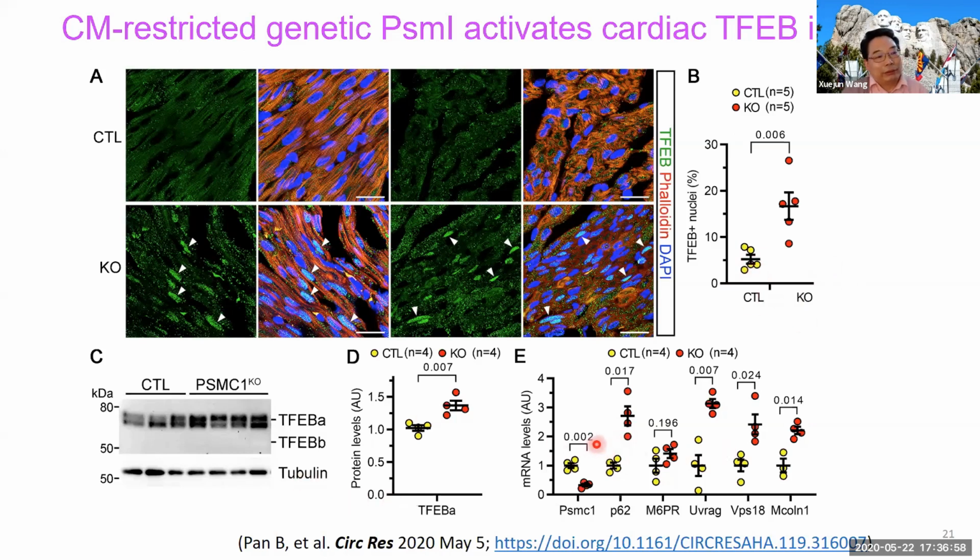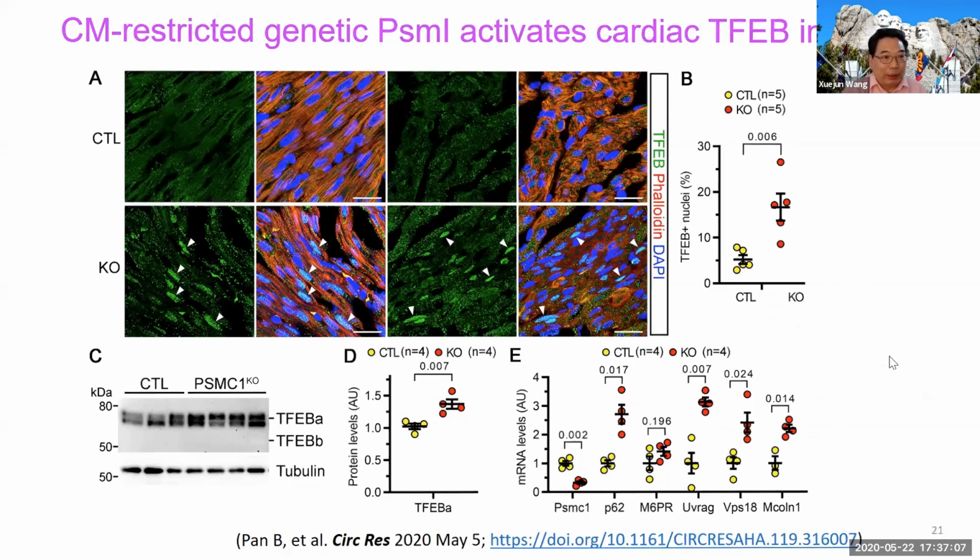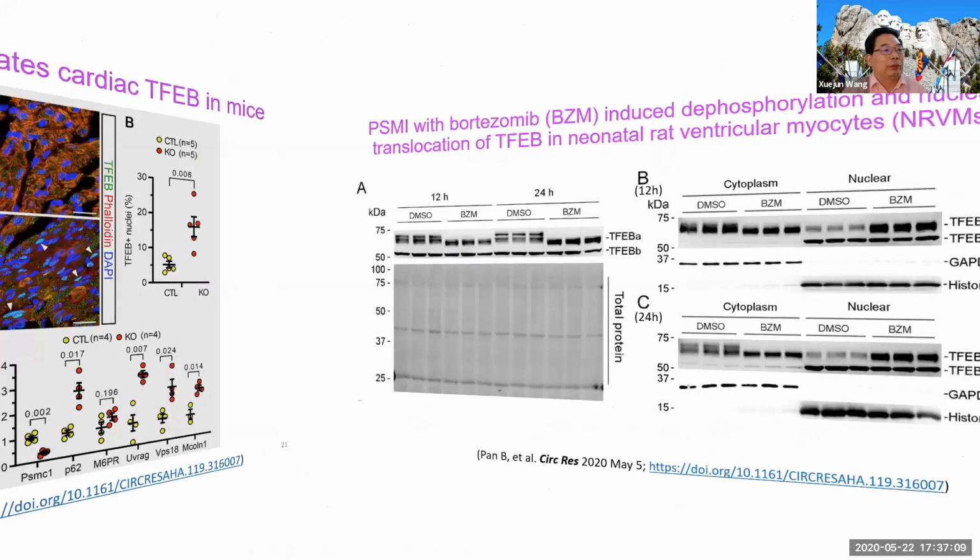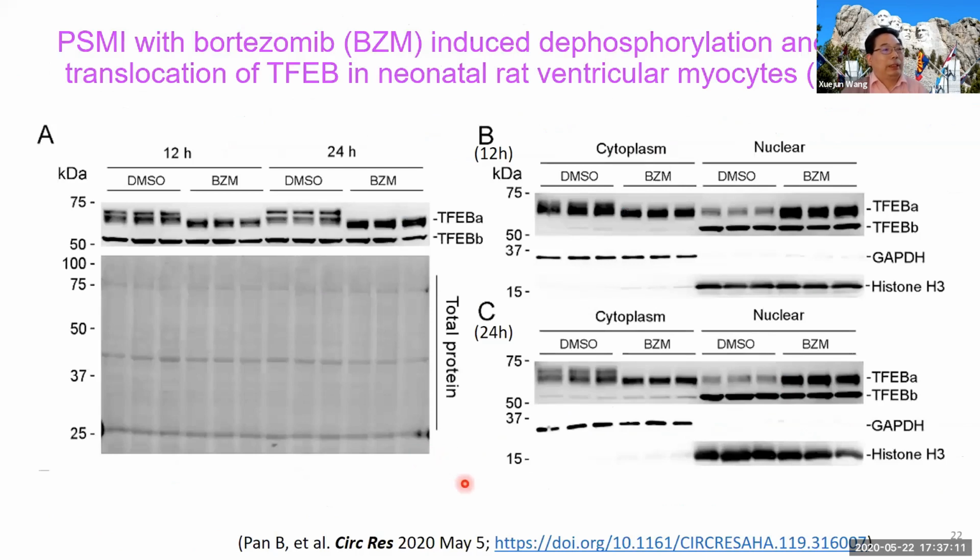And again, most of the representative TFEB target genes are also upregulated. So both pharmacological and genetic inhibition of the proteasome clearly can activate TFEB in the heart.